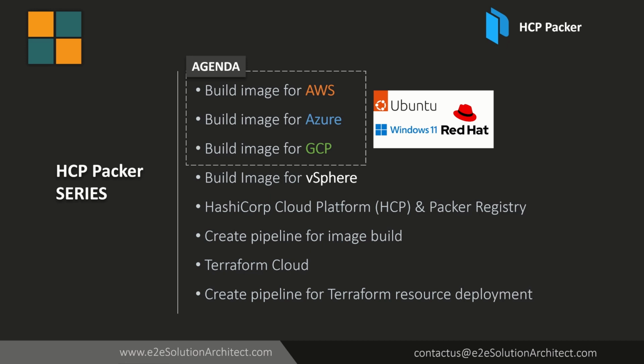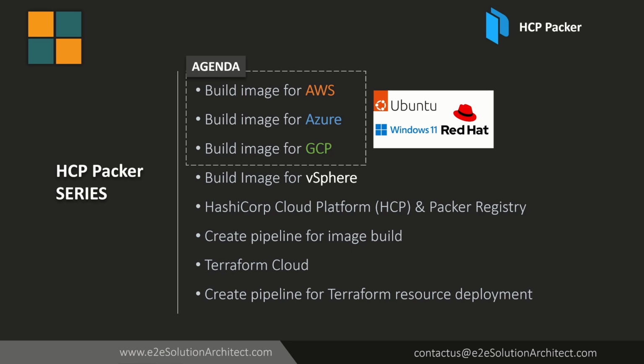The complete agenda of this whole series is building the images using Packer for multiple cloud environments and multiple operating systems, then creating the pipeline, then deploying that infrastructure using HashiCorp Terraform, which are multiple sessions.